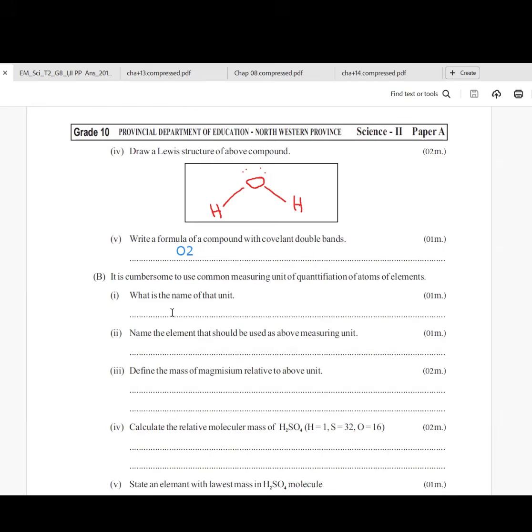What is the name of that unit? The unit is atomic mass unit. Name the element that should be used as the above measuring unit. Carbon 12-6 atom is the atom we are using here. Carbon 12-6.